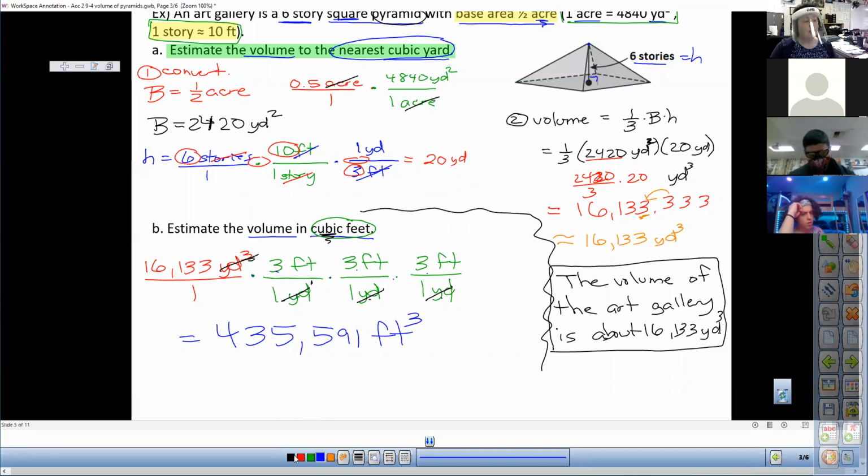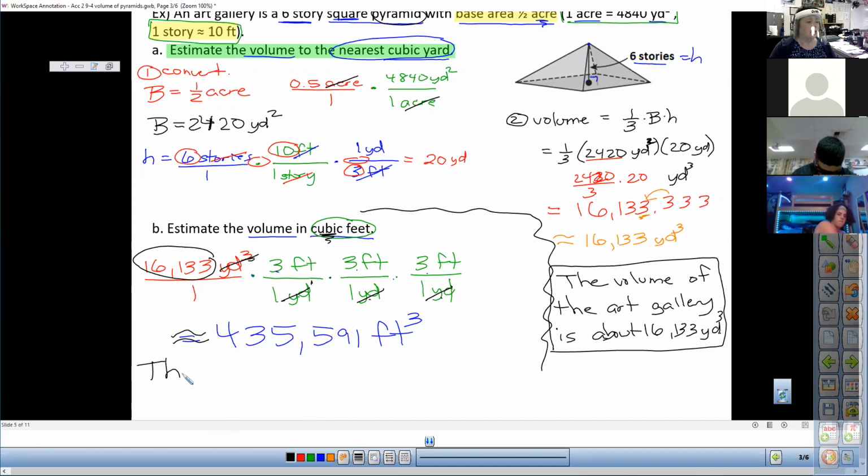Like so. Now I put an equal sign here because, although I didn't have to round this 435,000 number, remember that I did have a rounded value for my 16,133. So that means this is still technically an approximate volume in cubic feet.